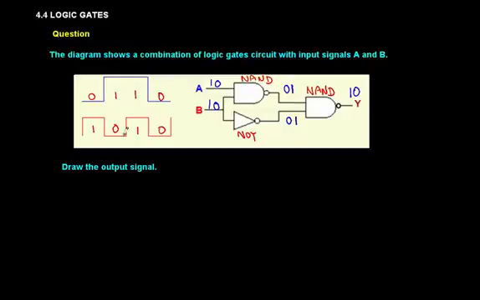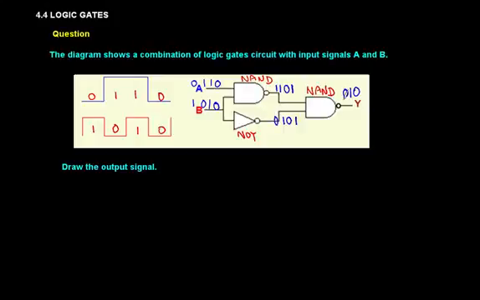Next will be 1, 0. 1, 0 under the NAND gate will be 1, and under the NOT gate it becomes 0. So 1, 0 becomes 1. Then finally 0, 1. 0, 1 under the NAND gate becomes 1. 1 through the NOT gate becomes 0.